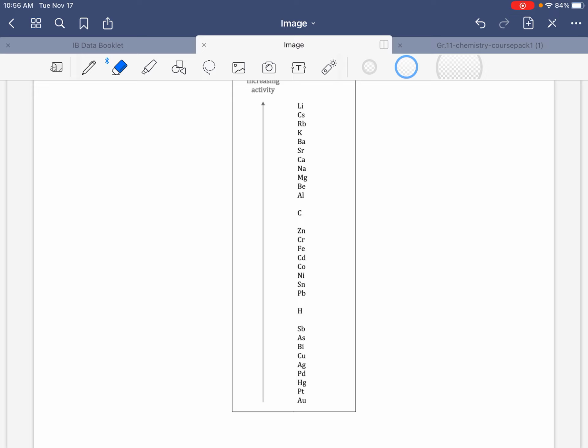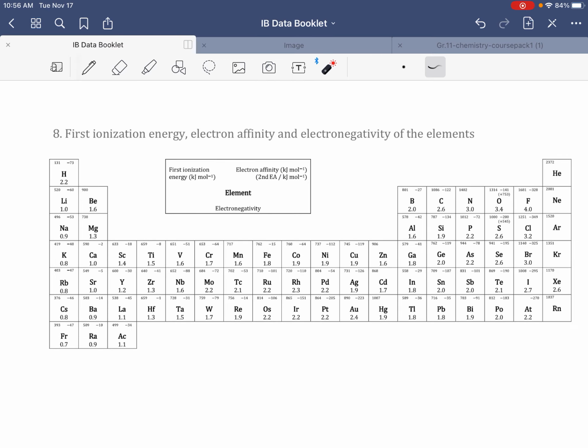Well, that's because this is the activity series of metals and hydrogen. So you're not going to use the activity series of metals to do a non-metal displacement, are you? No, you're not going to do that. You're going to use the electronegativity values. Make sure you understand this very carefully. A non-metal will displace another non-metal if the electronegativity value is higher.